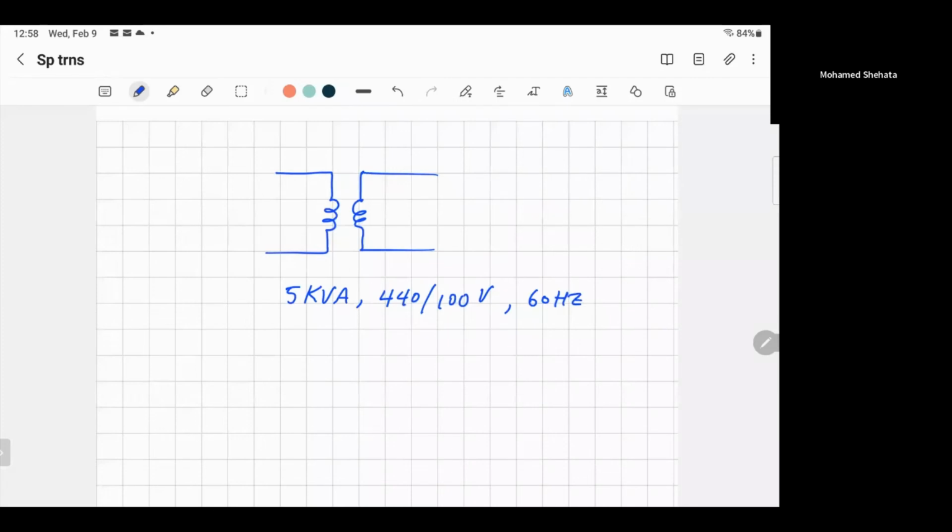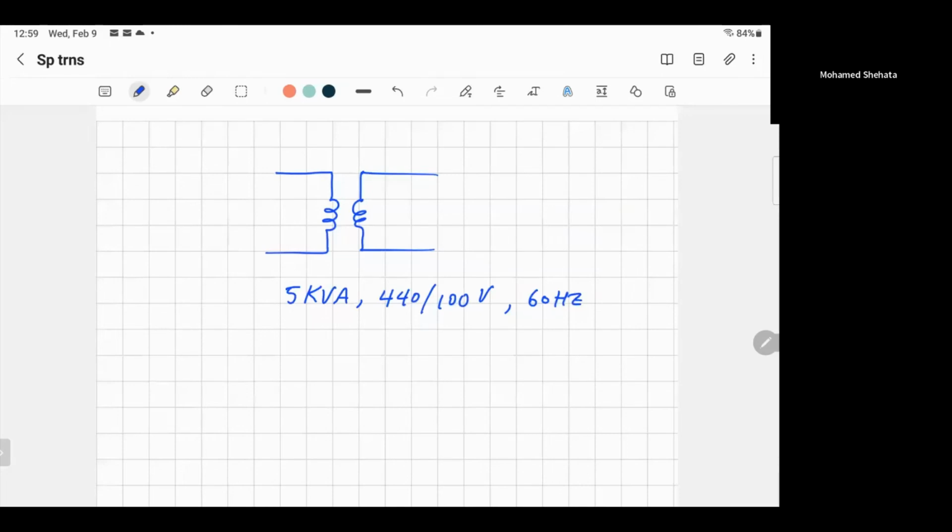But from this information, you can tell me what it is. When you say 5 kVA, that's power, but in a transformer, it's VA. And 440 over 100 means the primary side is 440 volts and the secondary is 100 volts, V2.